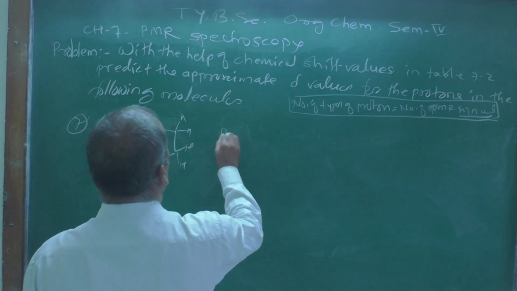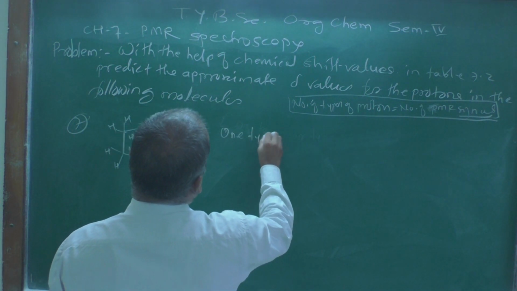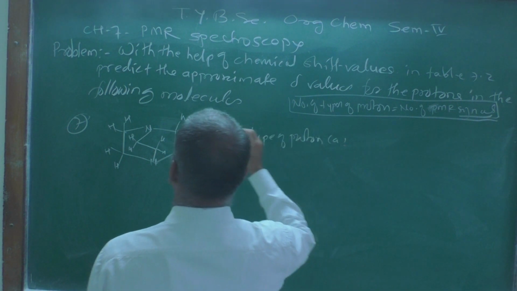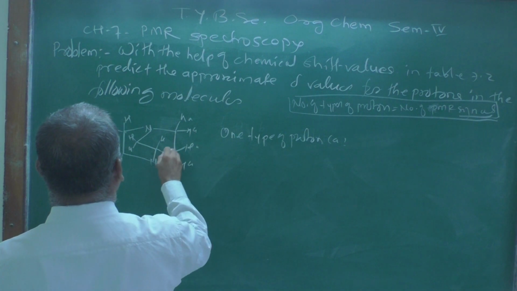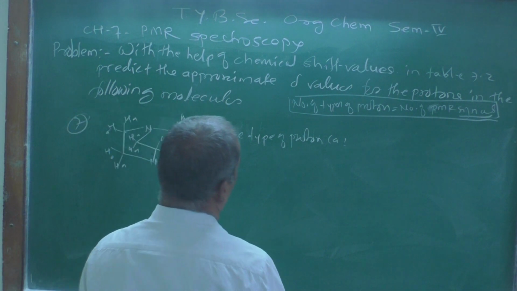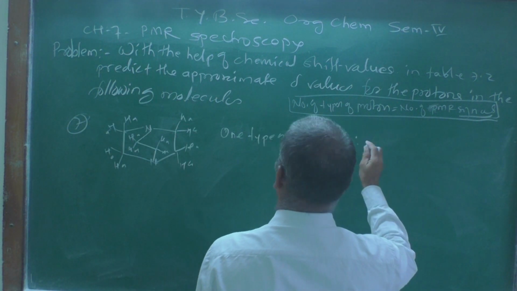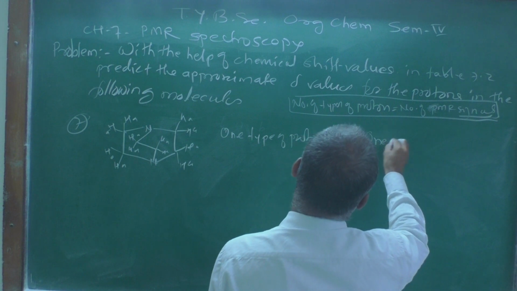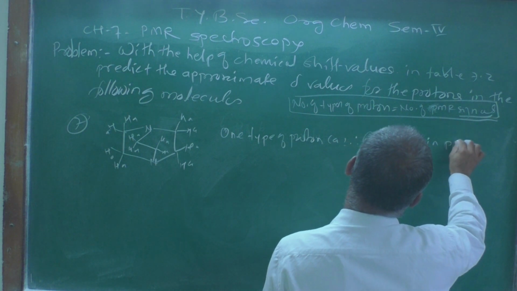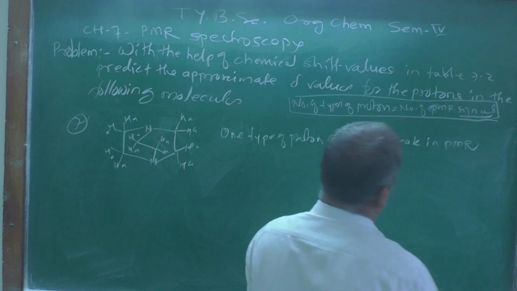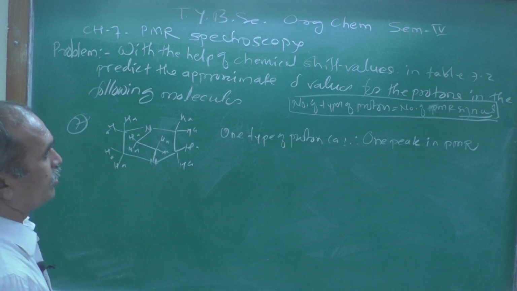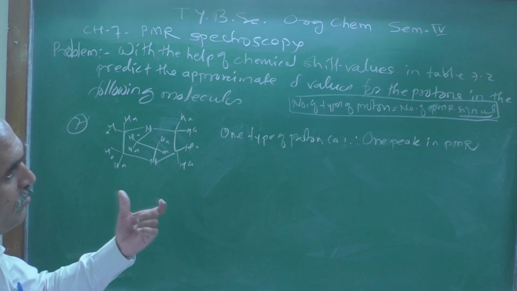So here one type of proton, which is A, all are A, all are identical, and therefore one peak in PMR.